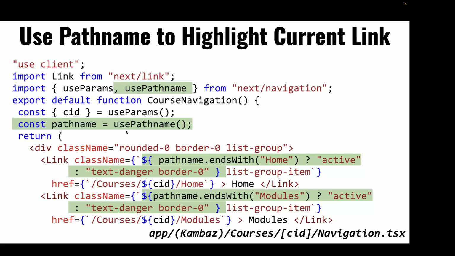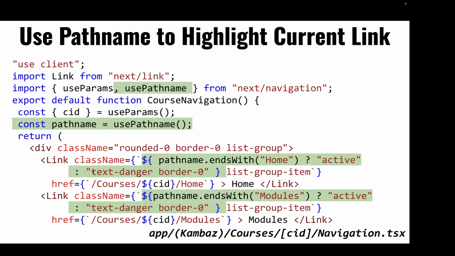We can also not only encode the CID, but we can dynamically change the look and feel, the class of each one of the line items, by applying active or not applying active. If you navigate to home or modules, we check to see if the URL ends with that text. If it does, we apply the active class.